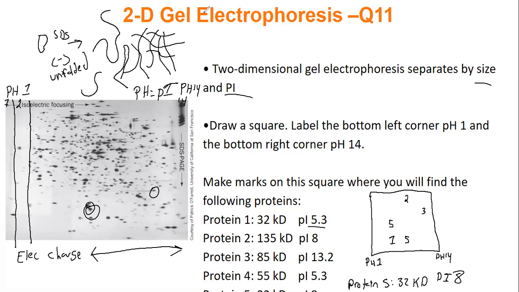And that is basically how 2D gel electrophoresis works. You separate by not only charge, but also size. And again, these are really good for what's called proteomics, where you just want to study a lot of proteins at the same time.